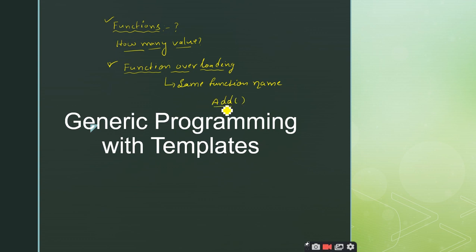Like that, if you are making use of the same function but you are implementing it in different ways, then we call such type of concept as the function overloading. Is it clear up to this point? Yes, sir. So we will see an example program on this function overloading, and then we'll discuss the concept. Then we'll slowly enter into the concept of generic programming along with templates, right?